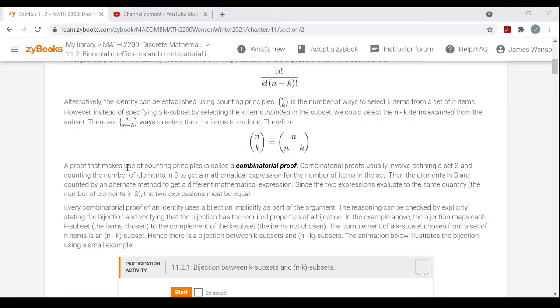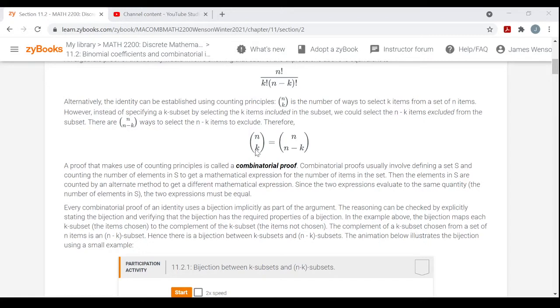A proof that makes use of counting principles, like they described in the previous paragraph, is called a combinatorial proof. Combinatorial proofs usually involve defining a set S and counting the number of elements in S to get a mathematical expression for the number of items in that set. Then the elements in set S are counted by an alternate method to get a different mathematical expression.